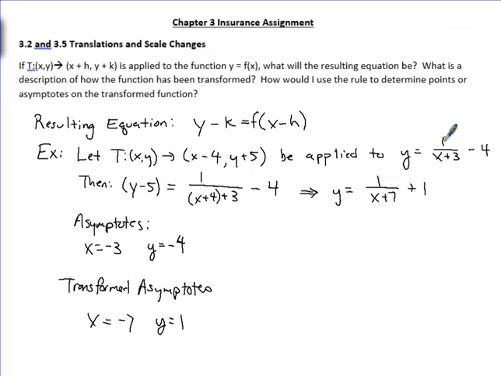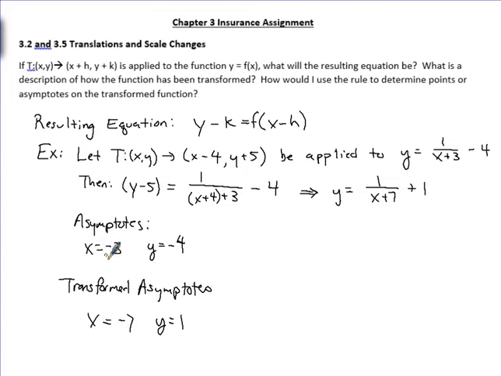The other thing that I know is that this part of the original equation is never going to be 0. You can't take 1 of something and divide it by something else and end up with 0 here. So since this part can never be 0, y can never be negative 4. That's why we have an asymptote at y equals negative 4.